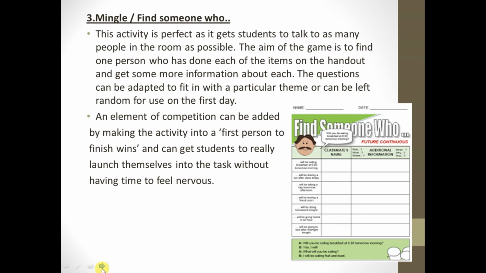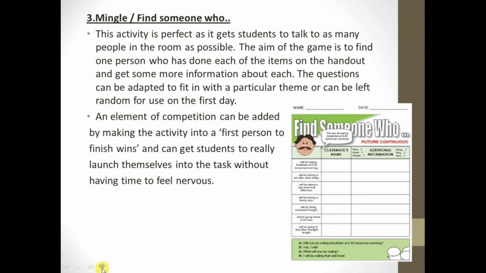In this handout there are many questions like, someone who traveled to Spain, someone who ate spaghetti yesterday, someone who played karate. So there are many personal questions like that, and the students should ask each other until they find the person who did so.